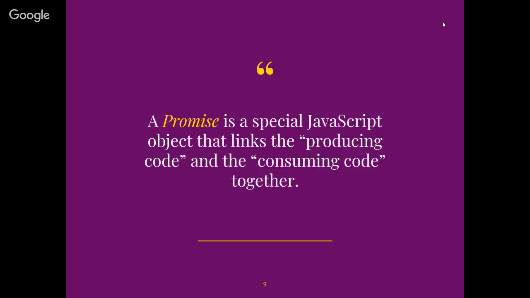So remember that we said that we don't have to worry about when the producing code will have the value available. That's because we're using promises. So that's what's really useful about them.